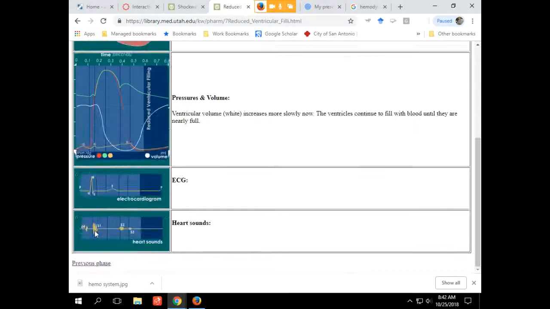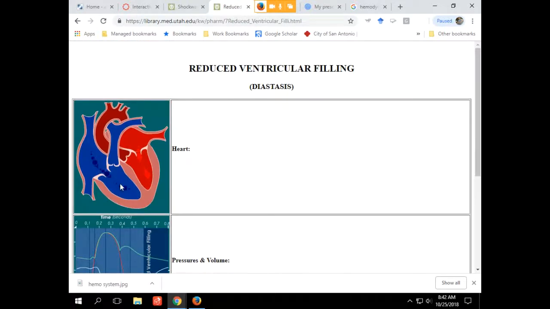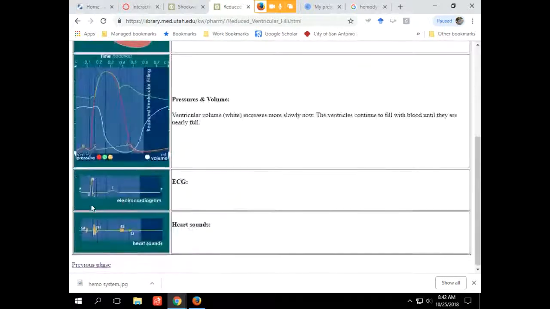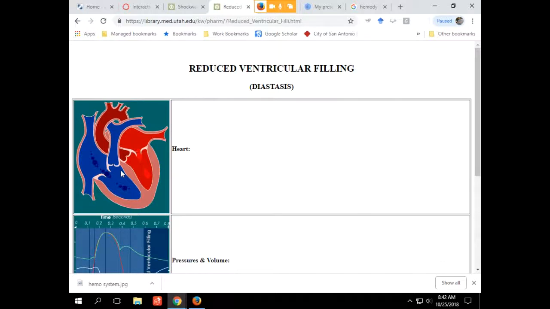There is a fourth sound, but you really can't hear it. What is the fourth sound, then? Well, let's see what happened during this period. So we have our S4 right here, which correlates with our atrial wave. If there was a lot of volume up here in the ventricle, that A wave, the squeezing of the atria, is going to push that blood and make that big old bloop sound, or gadunk.